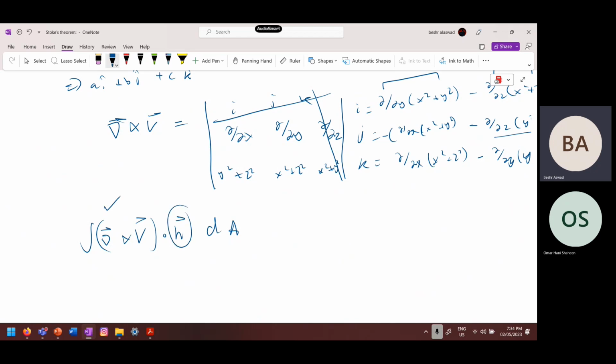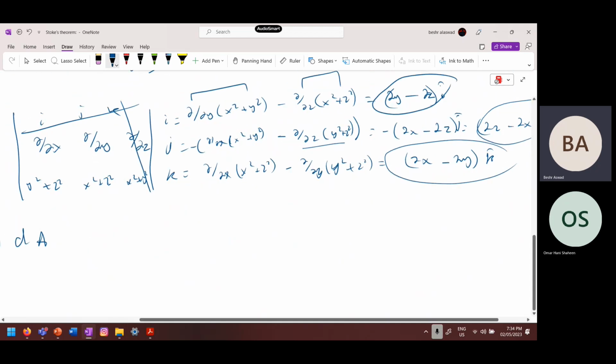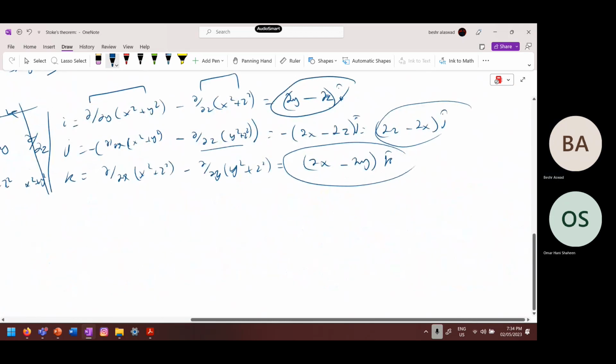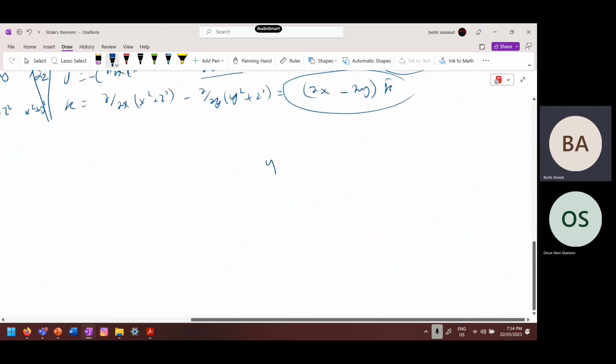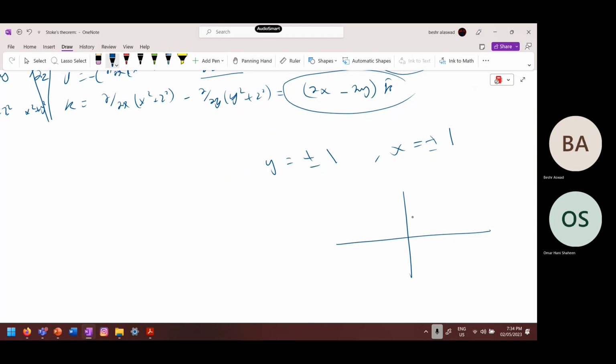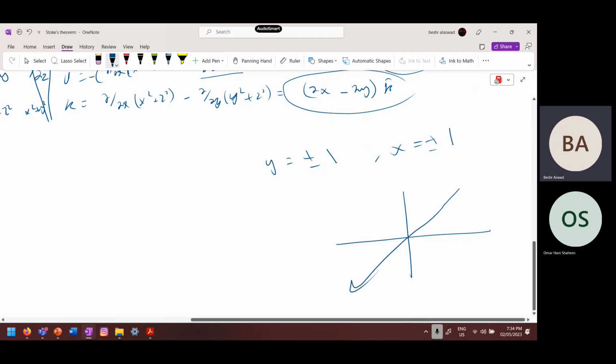Now to find the normal vector, we must already complete the question first. We're having a path of y equal to plus or minus 1 and x equal to plus or minus 1. This can be drawn in the xyz plane. Okay, this one is z, y, x, and y can be having here.